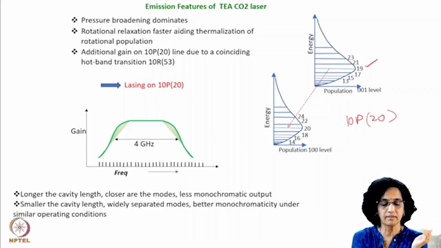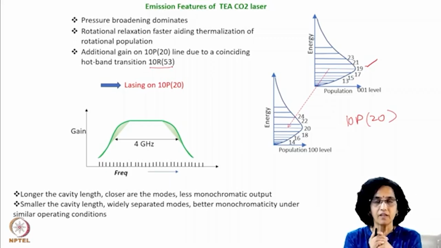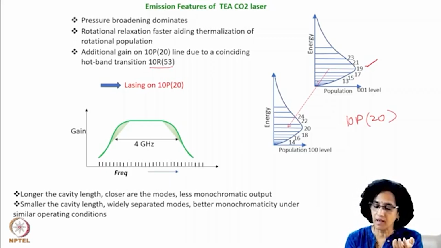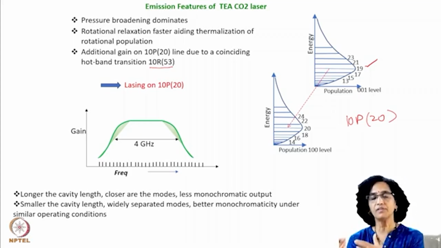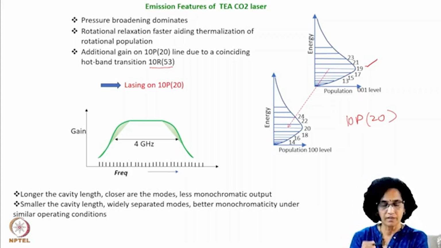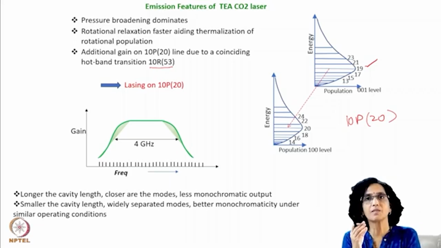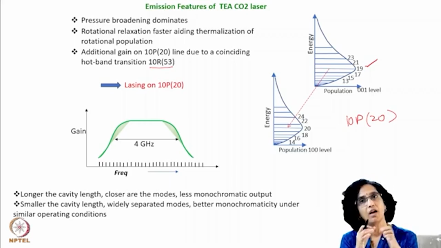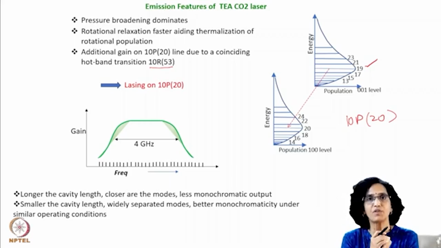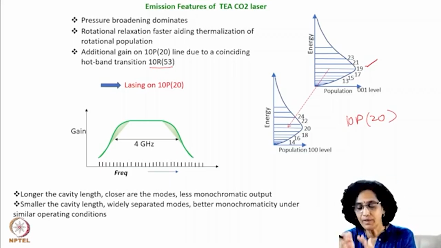This is another transition, 10R53, whose wavelength is very close to the 19 to 20 transition, and therefore that gain also gets added to this. Therefore, this 10P20 line has about 6% additional gain than the neighboring high gain lines. And therefore, at atmospheric pressure operation in a TE CO2 laser, you definitely have lasing on P20.